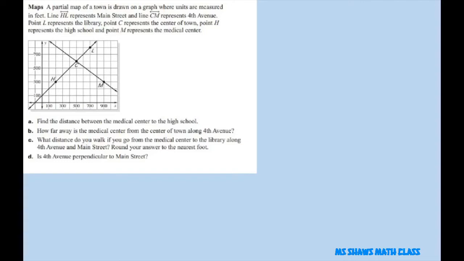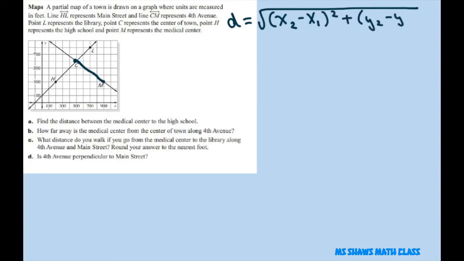All right, then we're going to go to B. It says, how far is the medical center from the center of town along 4th Avenue? So we're going along 4th Avenue, which is going through here. And how far is that distance? Now we're going to have to use the distance formula. And the distance formula is the square root of x sub 2 minus x sub 1 squared plus y sub 2 minus y sub 1 squared. So we can call the points whatever we want.